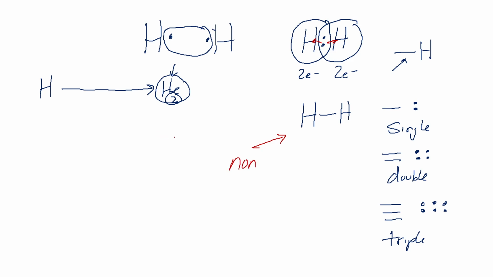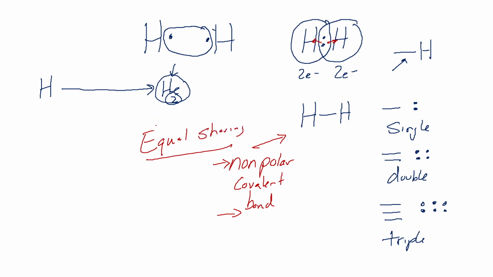It's also known as a nonpolar covalent bond. Most people would just call it a nonpolar bond. A lot of people leave the covalent part out, but a nonpolar covalent bond it is. And pretty much this type of sharing is what is known as equal sharing of those electrons. So when you have equal sharing electrons, that is a nonpolar bond.